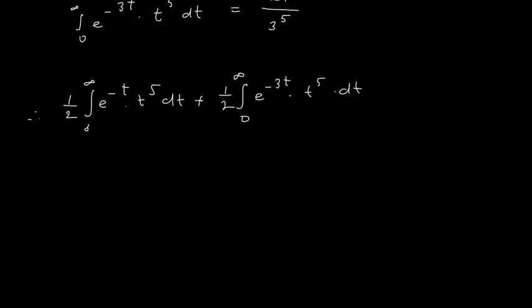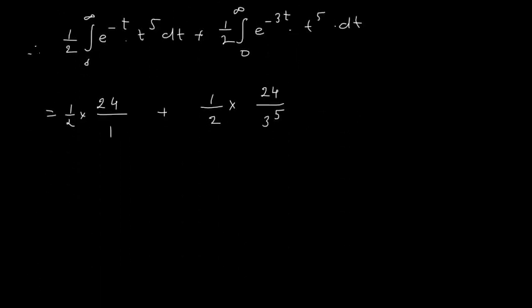This will become 1 by 2 into 24 divided by 1, plus 1 by 2 into 24 divided by 3 power 5.